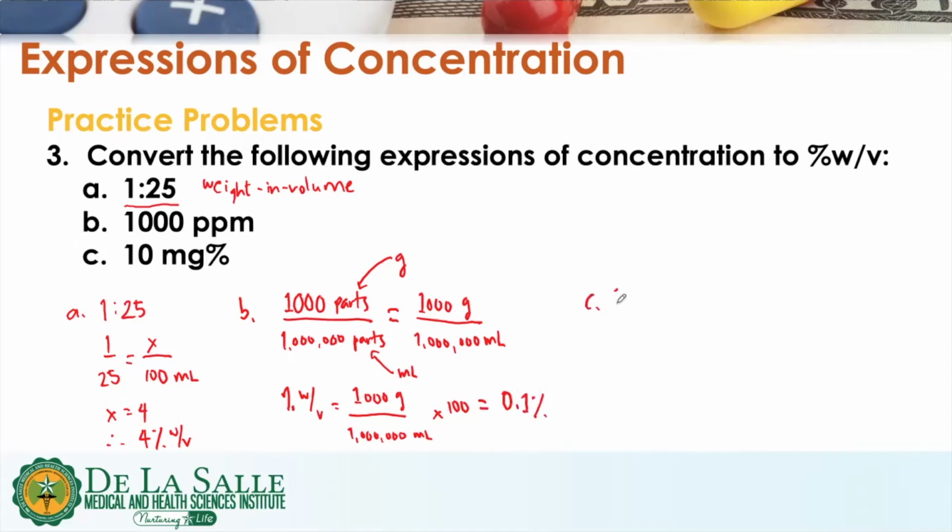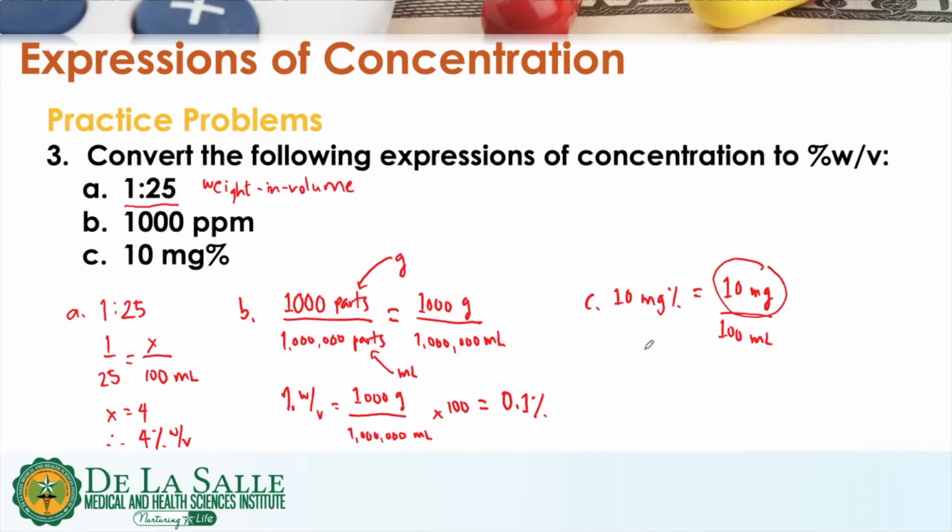Next, we have 10 milligrams percent. Now remember that by definition, 10 milligrams percent means it's 10 milligrams per 100 milliliters. So to be able to determine the percentage weight in volume equivalent of this, we simply need to convert this into grams.